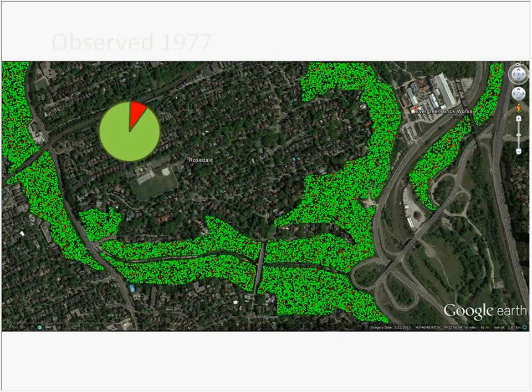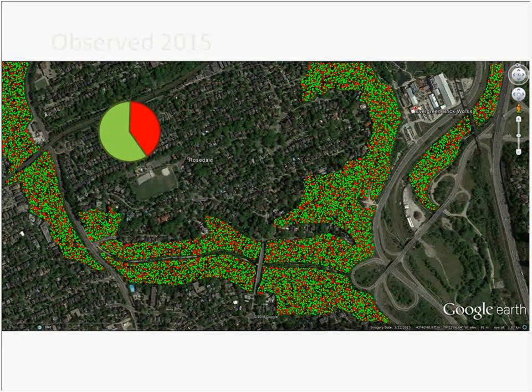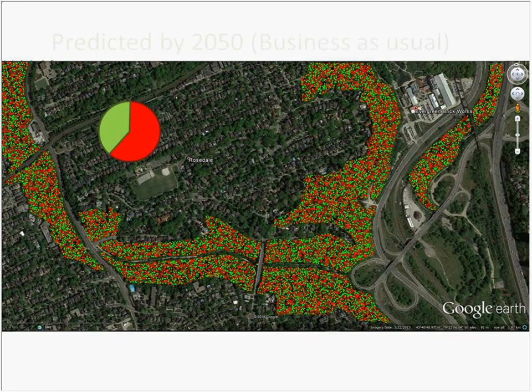And what we found in 1977 was this proportion here of Norway maple and the red. 2000 is what we found. It's approaching 50%, and if it continues on for another cycle, this is what we'll get by 2050. This is conservative, but it's just taking over the ravines.